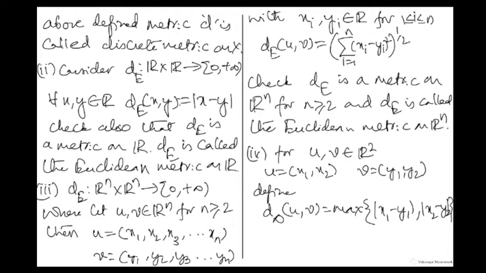What you do is, in order to define the distance between u and v, first you look at the absolute value of differences of the corresponding coordinates and pick up the maximum out of the two. And there is something called d1 of (u, v), which is basically the absolute value of x1 minus y1 plus the absolute value of x2 minus y2.